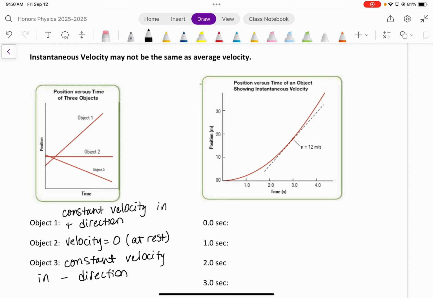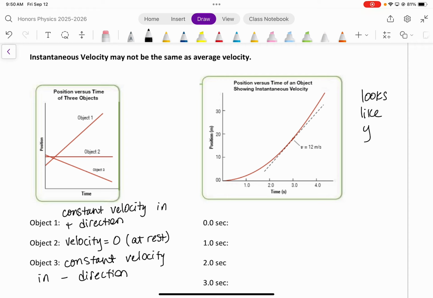All right. Now, we're just going to look at the graph here on the right because this is a graph of position versus time, and it's a curve. And if we see a curve like this, this looks like a graph.